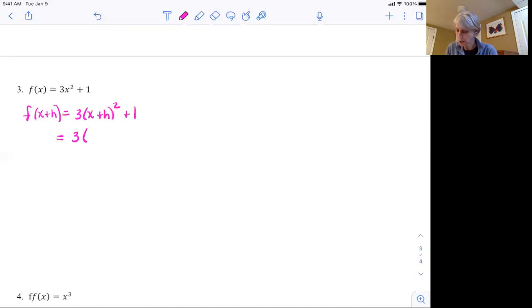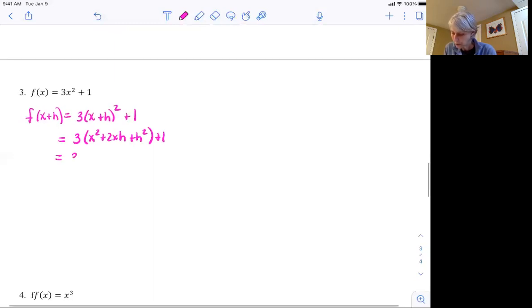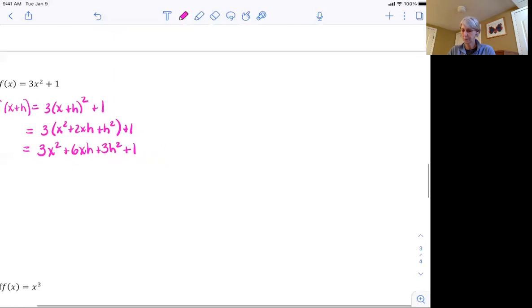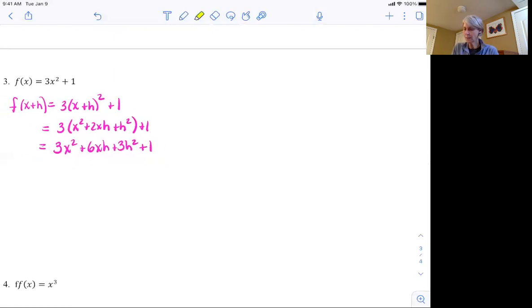3 times x plus h squared is 3 times x squared plus 2xh plus h squared, plus 1. Distribute. So here's my f of x plus h. Here's my f of x. Those are the two pieces that have to go in the numerator.